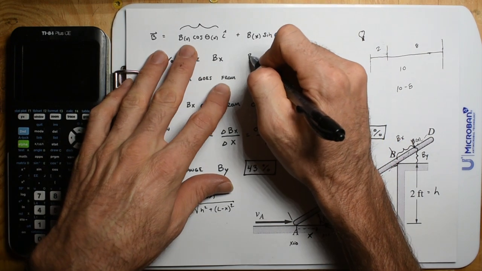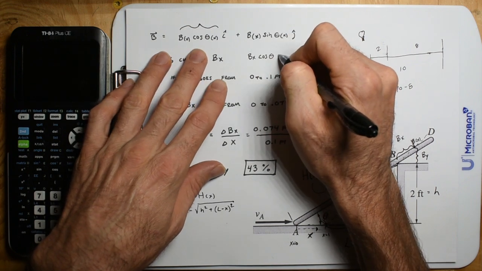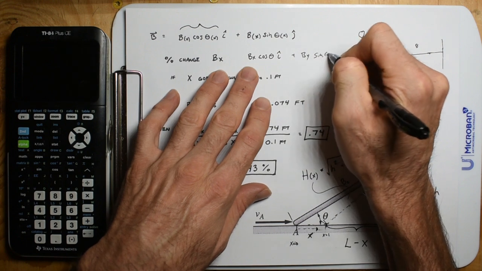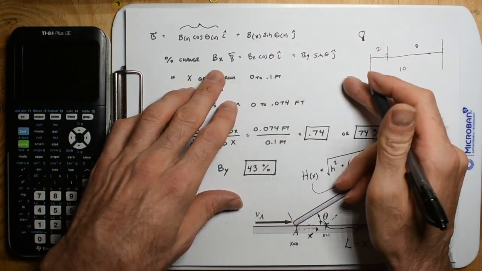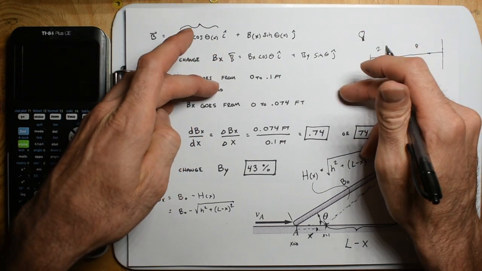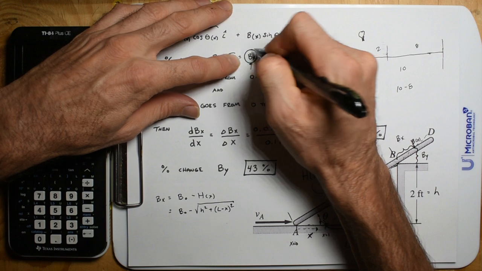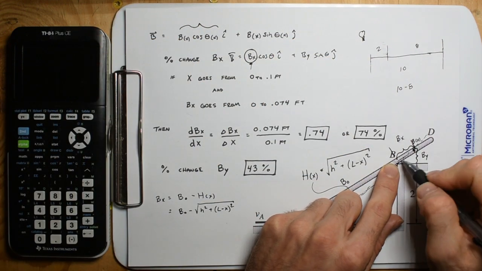So when I do bx cosine of the angle in the i hat plus by sine of the angle in the j hat, this is my position vector, and this is what we're going to be differentiating. But hell yeah, we at least have the first part. That's the only part we solve for. We just solve for this little direction, and it's a vector.